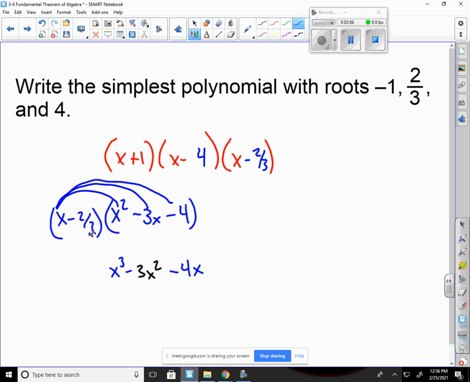Now I distribute the -2/3 to each. -2/3 times x squared is minus 2/3 x squared. -2/3 times -3x is plus 2x. The 3's cancel, negatives become a positive, and it's just 2 times x. And -2/3 times -4 gives me plus 8/3.